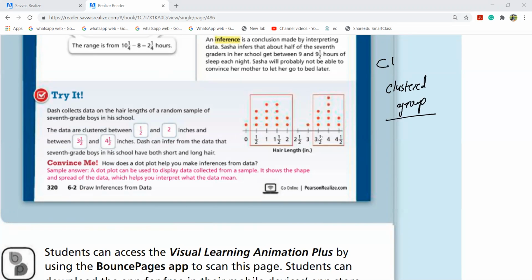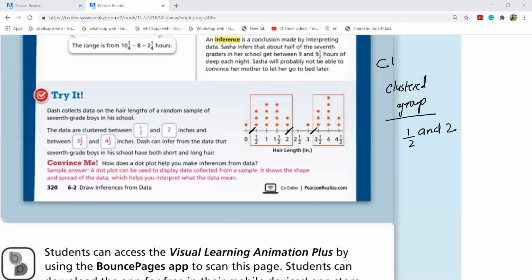So the data here is clustered between half and 2 inches. That's what I wrote. This is the data. And where do you see it, girls? Between half and 2 in the first box. See here, between half and 2.